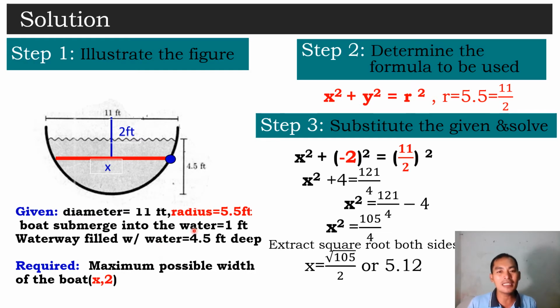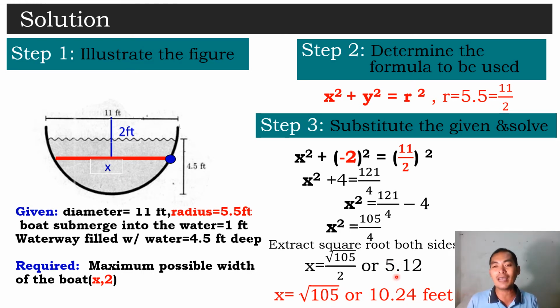But then, ang sabi dito ay width of the boat. Ang kinocompute lang po dito yung kalahati ng boat. Remember, radius. So meaning, meron pa sa kabila. So therefore, we multiply it by 2 and the width of the boat is 10.24 feet or square root of 105. What will you do to 5.12?